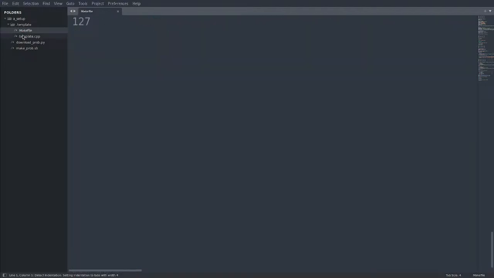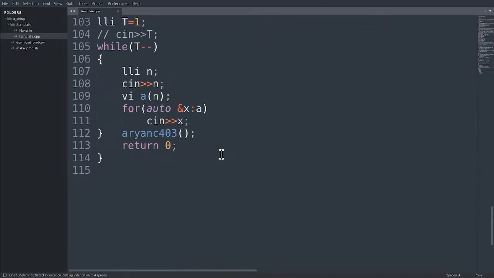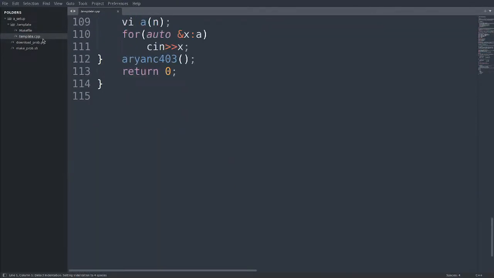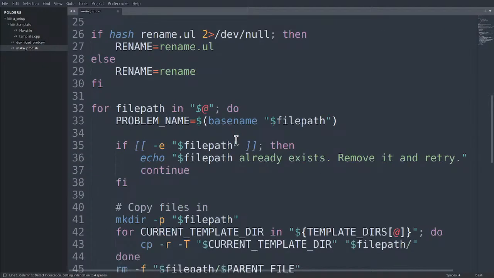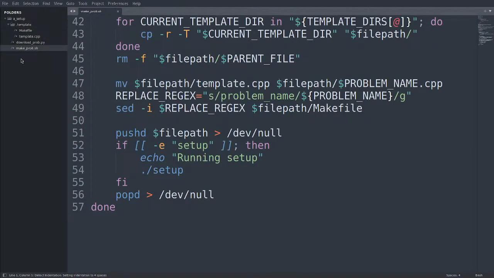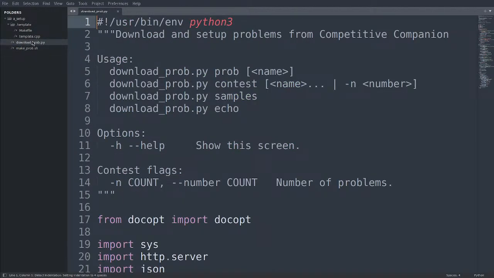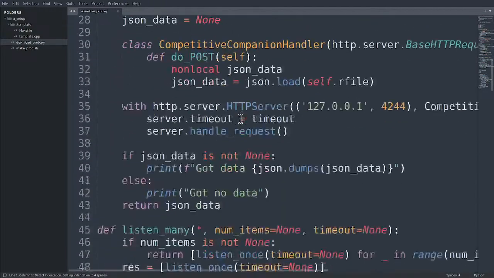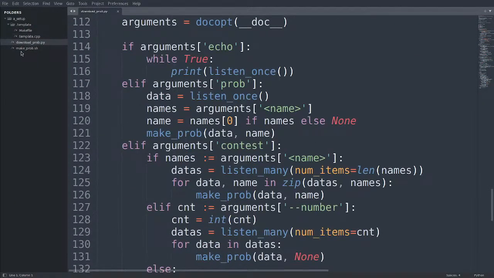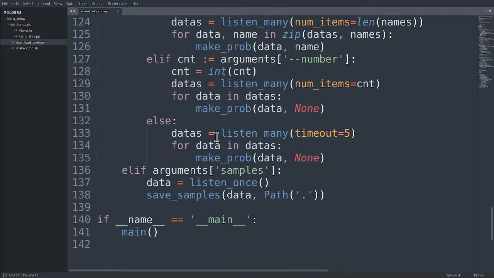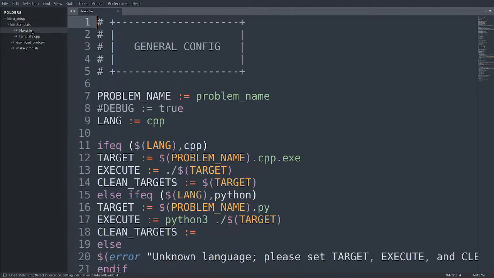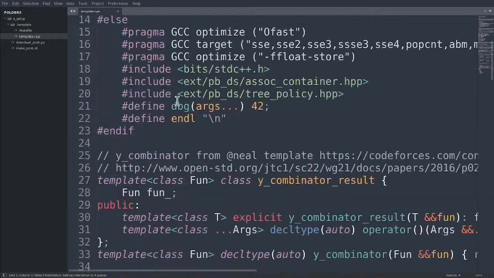This is my template file, which has the code I want to be there for everything. All of these are in the same folder, and this download_prob.py runs the script. It looks for the makefile, the make_prob.sh file, and it also needs the .template folder where this makefile and template.cpp are present.